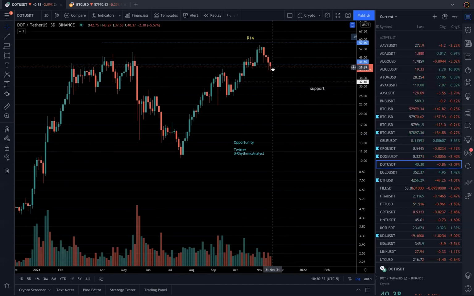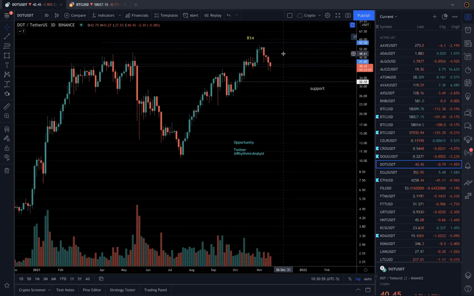Anyway, what else? Here, very simple. It has almost touched R14, so I would say this is not that bad. It must not break the support, I would simply say that. And if it can break above 49, then I think it makes sense.